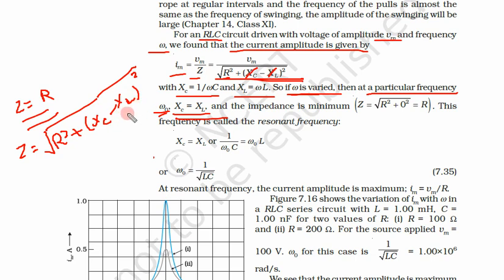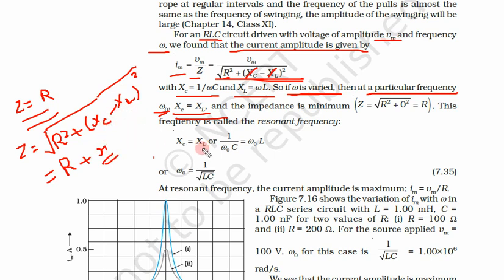If Xc or XL is large, we get some positive value added to R squared, so we definitely get a value more than R.